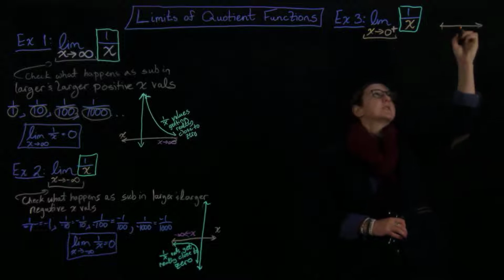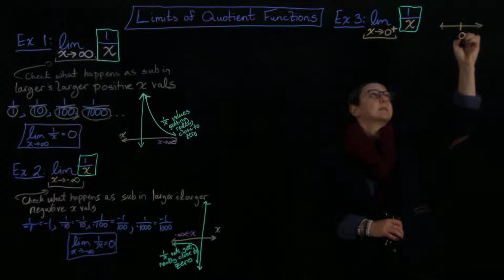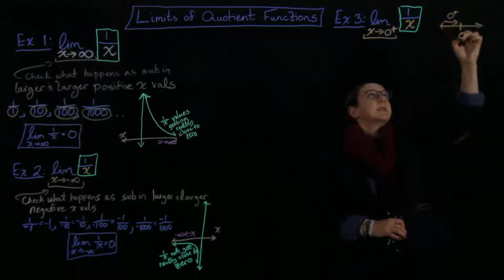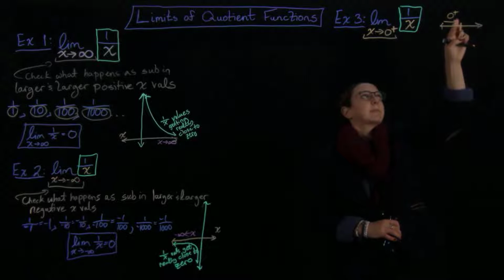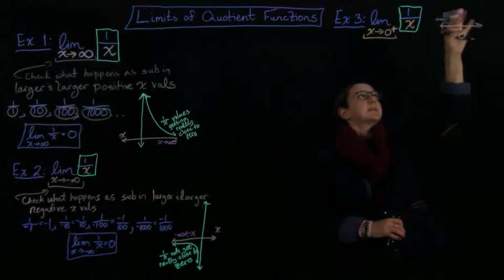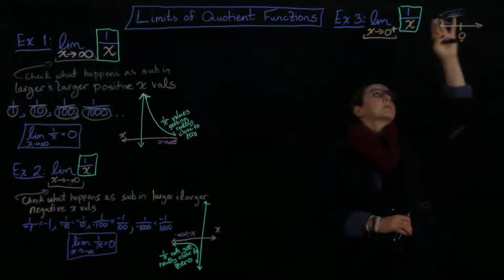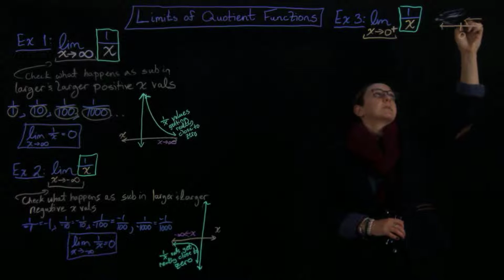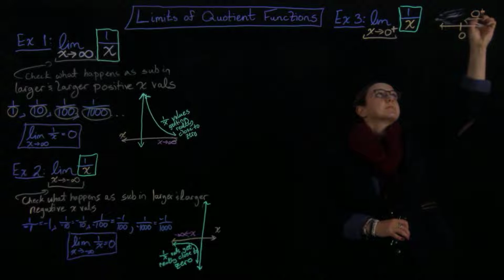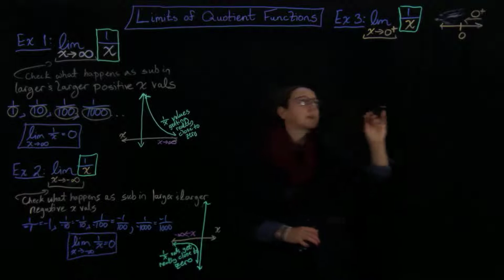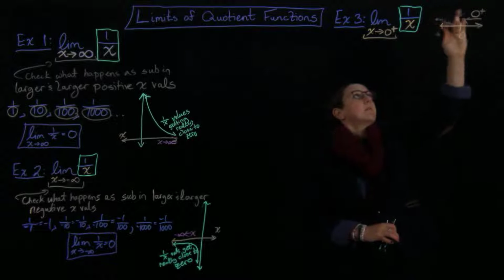If I'm approaching, when I have 0 plus there, it means, oops, I keep swapping plus and minus today. This seems to be a problem for me. But we're going to approach from the other side. We approach from this side. So we have positive values that are very close to this.